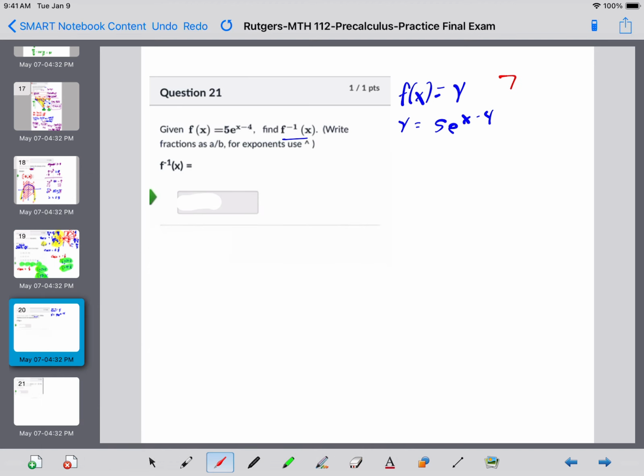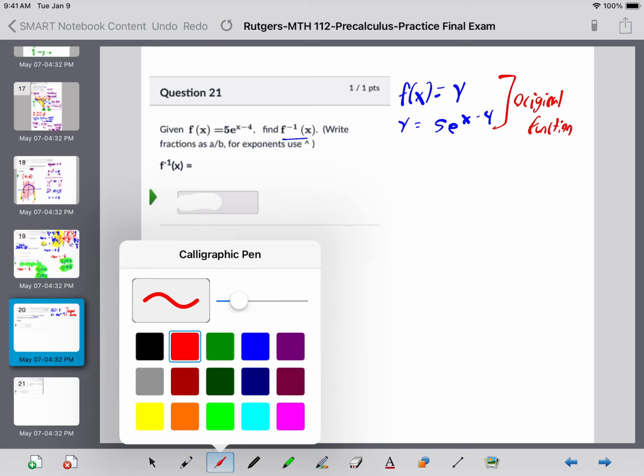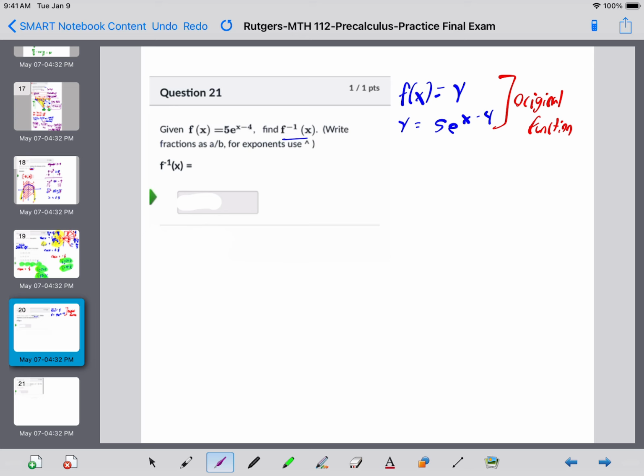You could just write y equals. And that's still your original function. Now you're going to switch your x and y. So we have x equals 5 times e to the y minus 4. The moment you start there, that's your inverse function. The minute you switch your x and y, that's your inverse function.